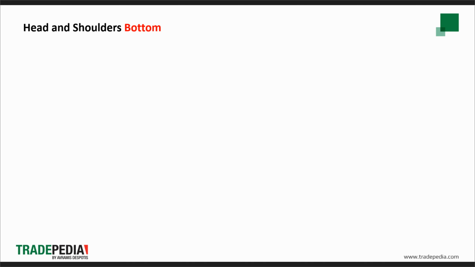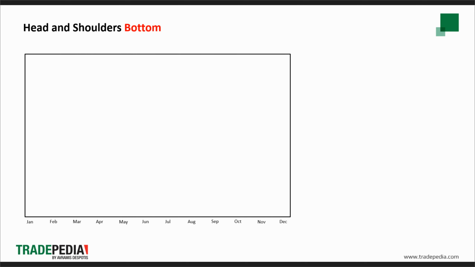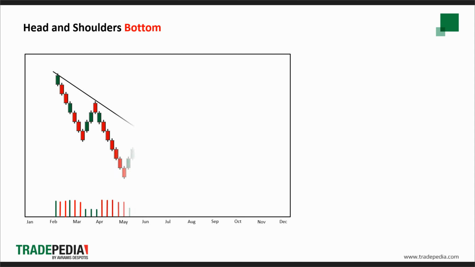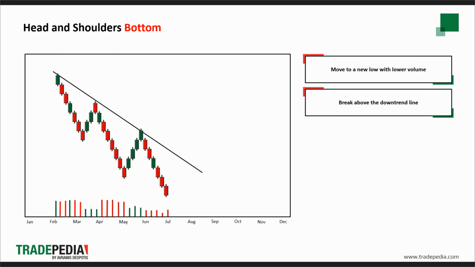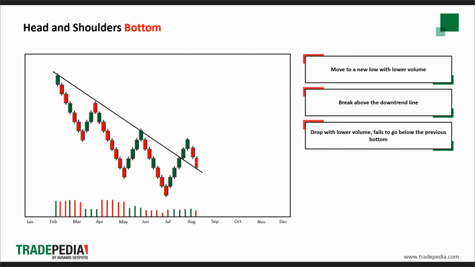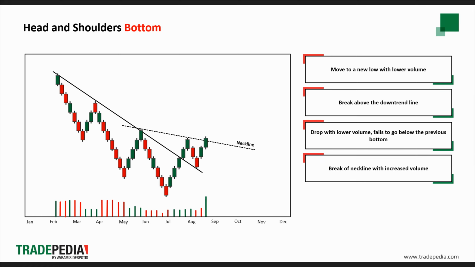So the opposite is true for the inverse head and shoulders. On the slides it says head and shoulders bottom, but the actual name that's commonly used is the inverse head and shoulders. So it's the same thing. You still need a prior existence of a strong downtrend, and then it forms the left shoulder, a break of the downtrend line, and then a pullback and a retest, and you'll get the right shoulder.